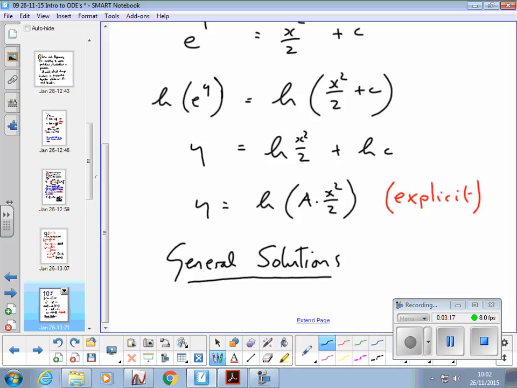If I want a function that's going to model my particular situation, I need to find out the value of a to come up with what's called a particular solution. And I also need to be able to talk about the range, as we said at the beginning, of values over which these functions will work.